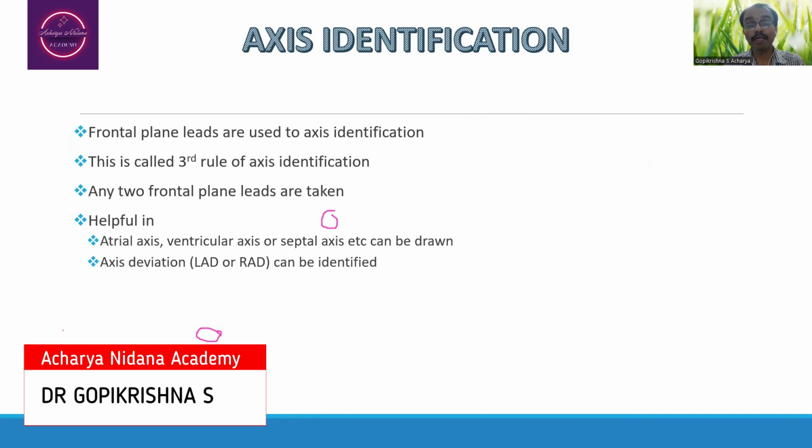As we have discussed earlier, it is helpful in determining the atrial axis, ventricular axis, septal axis, etc. By that, we are even able to identify axis deviations, whether it is left axis deviation or right axis deviation.